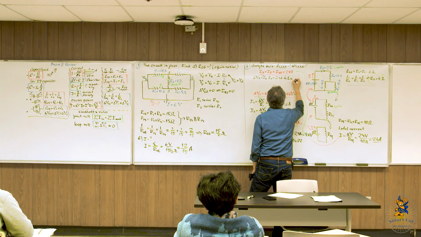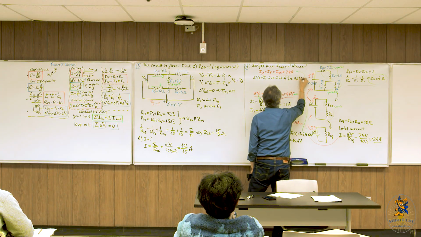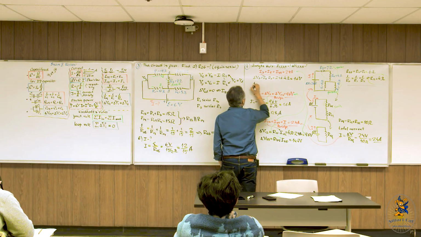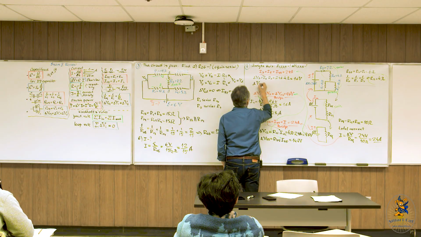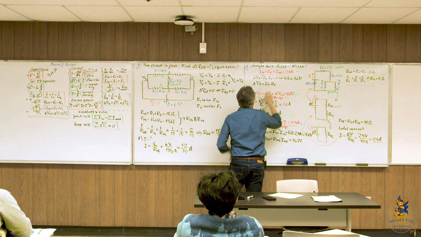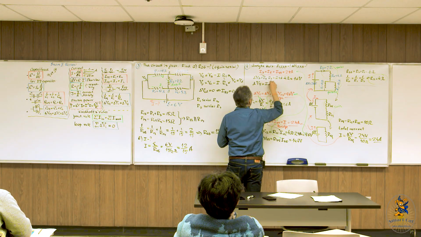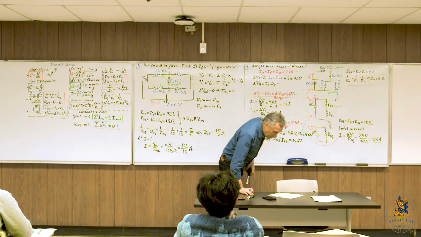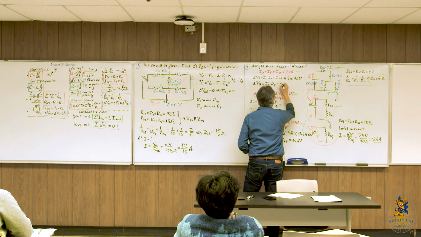So it will be 9.6 volts. And similarly, delta V5 is I5 times R5. And again, I5 comes from that bridge. Okay, what's the number? 4.8 volts.